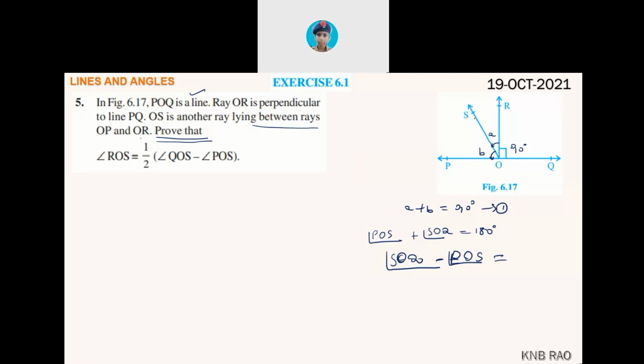Why? Sir, because angle SOQ is equal to 2A plus B, sir. Sir, angle SOQ is equal to angle SOR plus angle QOR, sir.